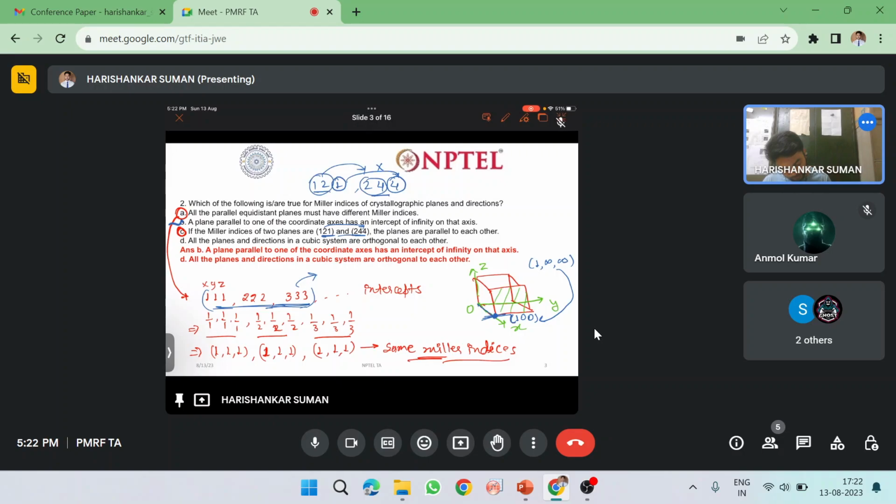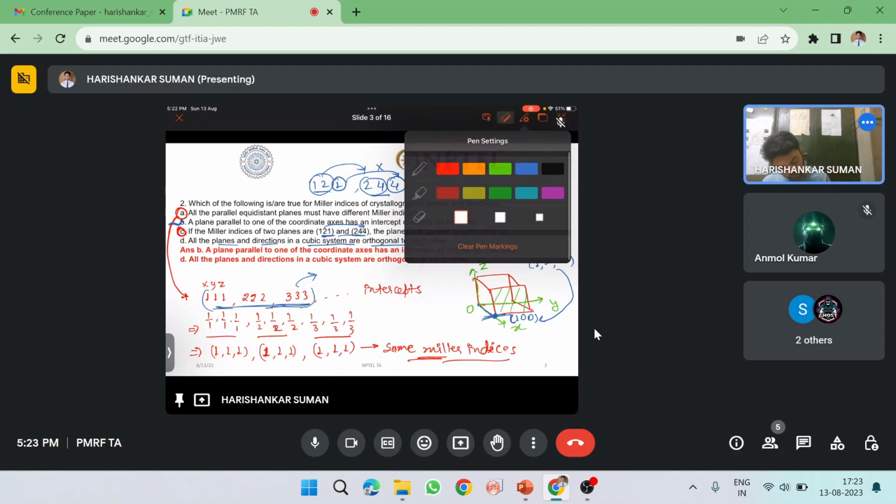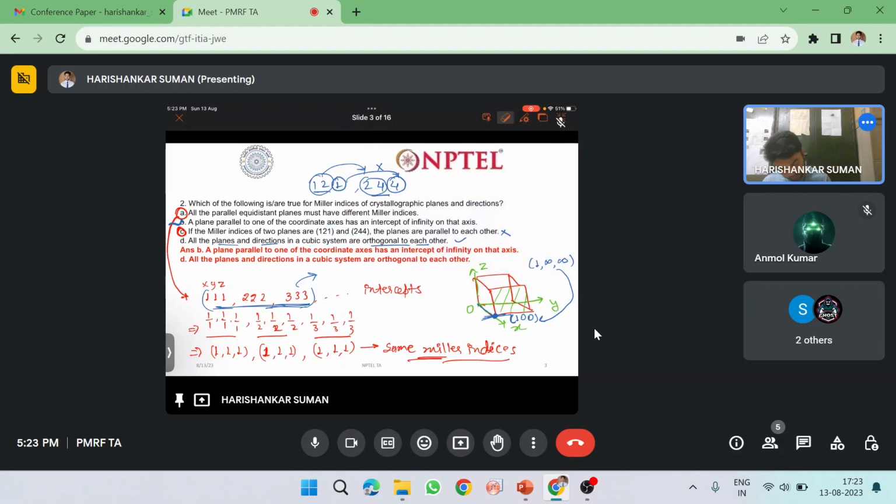Yes, without drawing we can solve this question. This will be the answer, and the plane directions are orthogonal to each other in a cubic system. So let's move further.